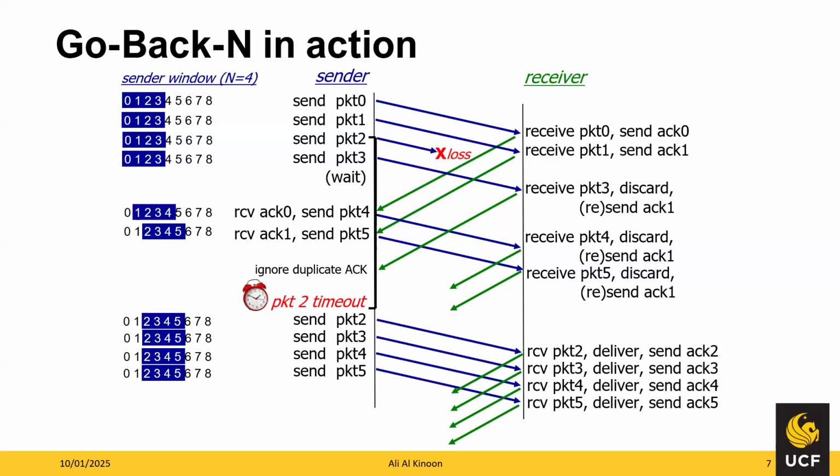So now the receiver gets all these packets and they are delivered to the application, and they do send an acknowledgement back. So that is the full Go-Back-N cycle. We see packet loss leads to discarding out-of-order packets, and retransmission happens after the timeout.